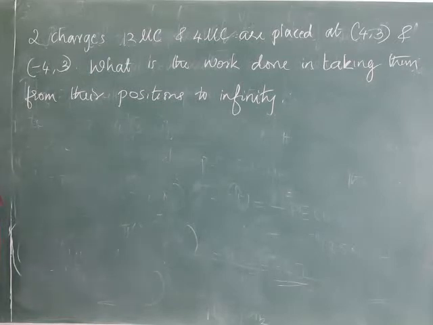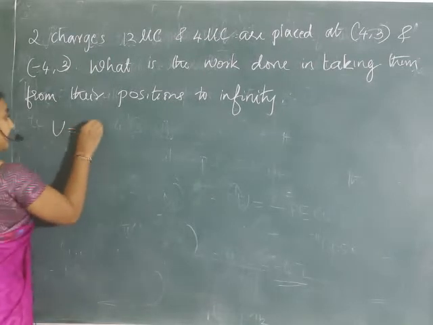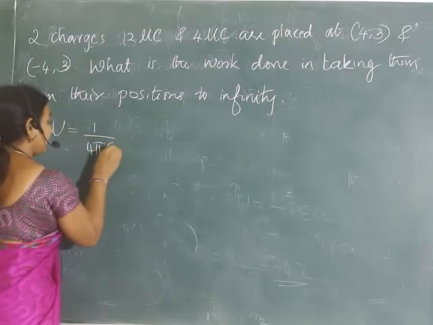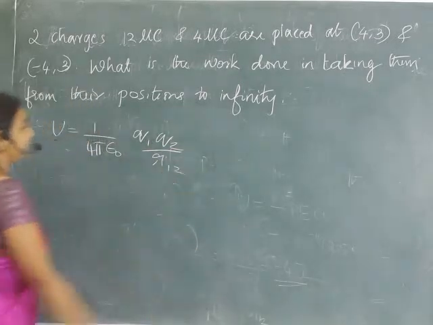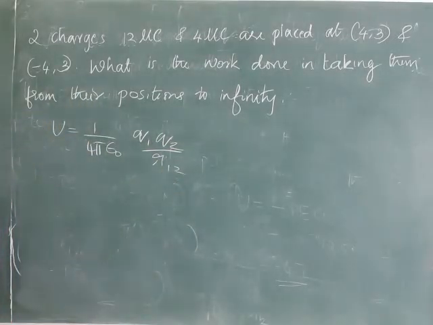You know what is the expression for energy or work done? U is equal to 1 by 4 pi epsilon naught Q1 Q2 divided by R12. Correct? Use this expression and solve.